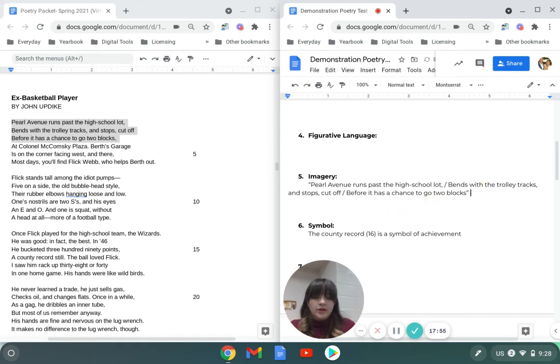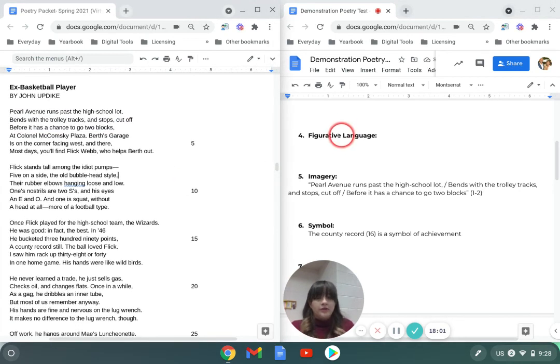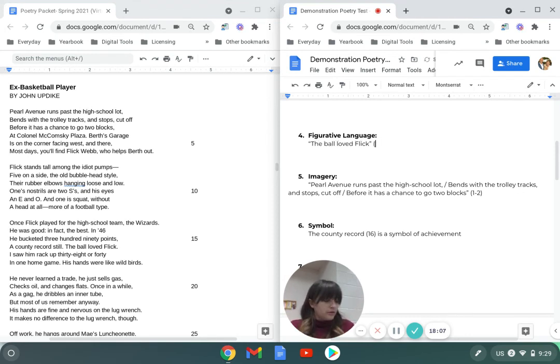Don't forget to put the lines. And then for figurative language, there's not any plain figurative language, but there is a lot of personification. So I put "the ball loved Flick," which was line 16.